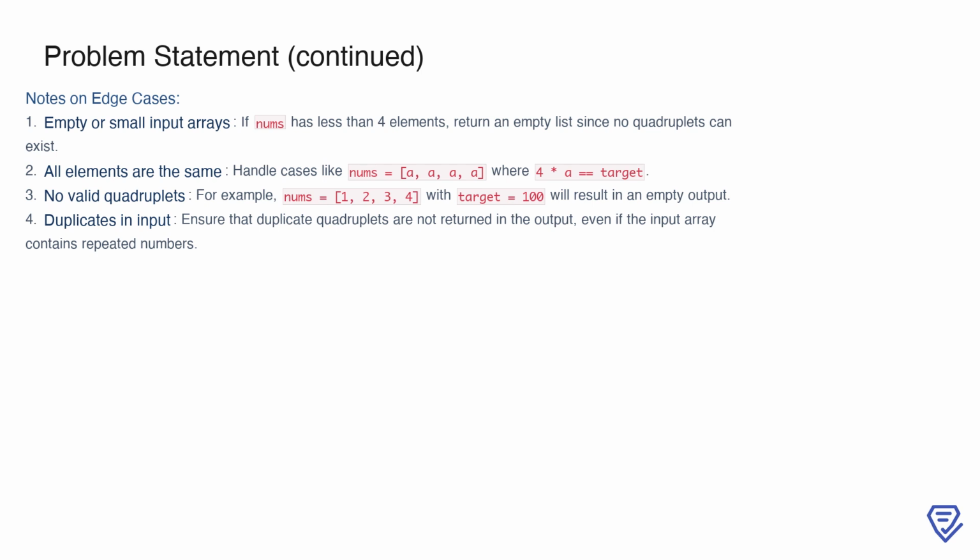Lastly, the solution must ensure that duplicate quadruplets are not included in the output, even if the input array contains repeated numbers. This involves careful handling of duplicates during the computation process to produce the correct result.